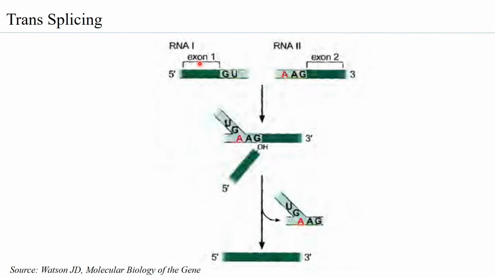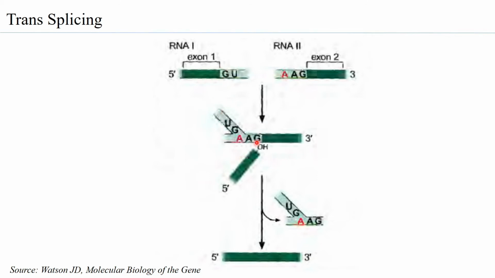And in turn this exon, which will now have a free 3' OH, can cleave at the exon 2 of RNA2. So effectively exon 1 of RNA1 can link with exon 2 of RNA2, right? That is why it is called trans-splicing, which means that splicing is aided between two RNA molecules. So the intron of one RNA is able to splice out the exon of another RNA.